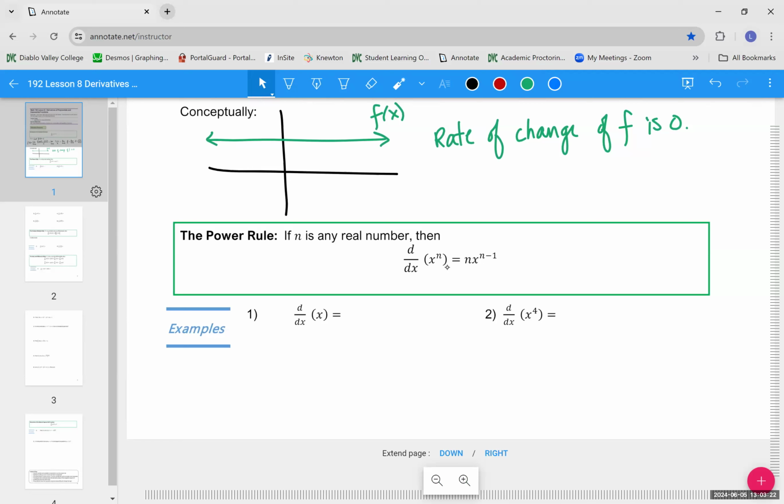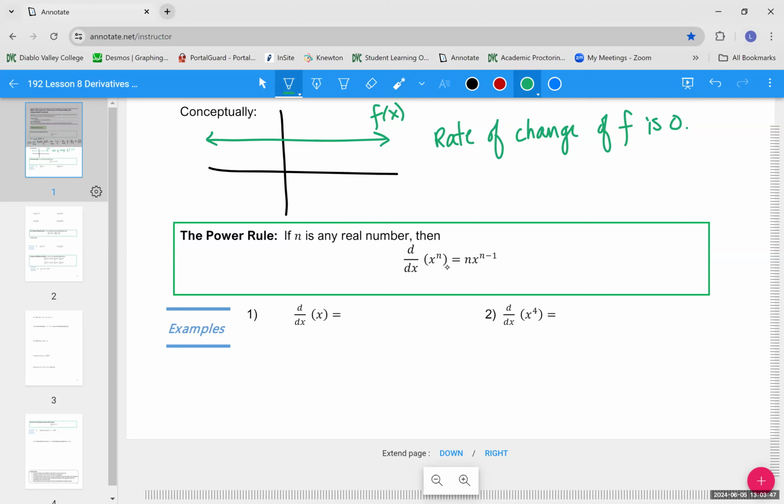So then the power rule is the next one we're going to use. What this rule tells us is if we're taking the derivative with respect to x of x to a power, and n can be any number, then you're going to take that power and it becomes the coefficient, and then you subtract 1 on the power.